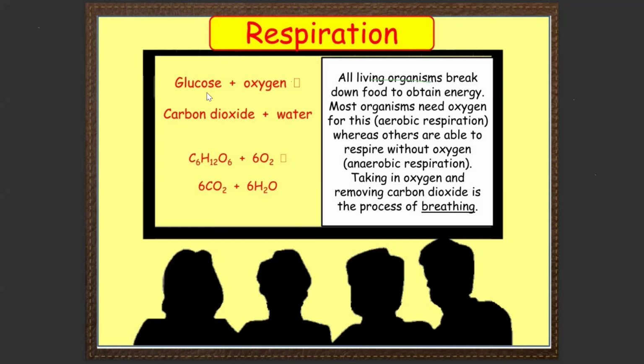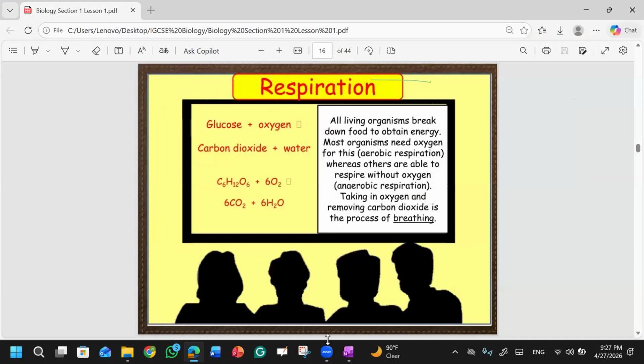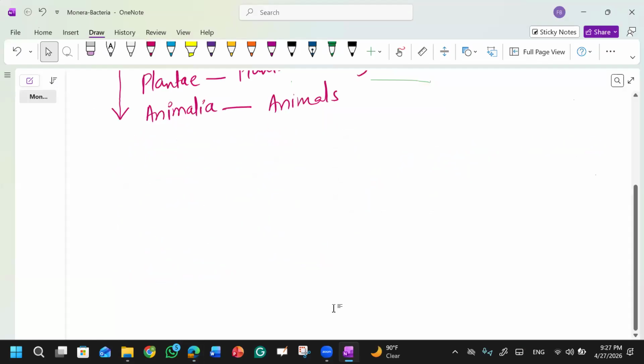This is the first example. For example, you have taken bread, maybe, and in that bread there was carbohydrate, there was glucose. Firstly, your stomach digested that bread, and then you got the glucose. Now there is need to convert that glucose into the ATP. Let me write it over here.